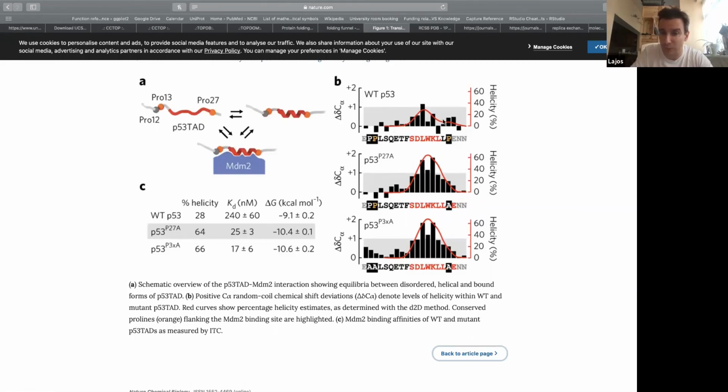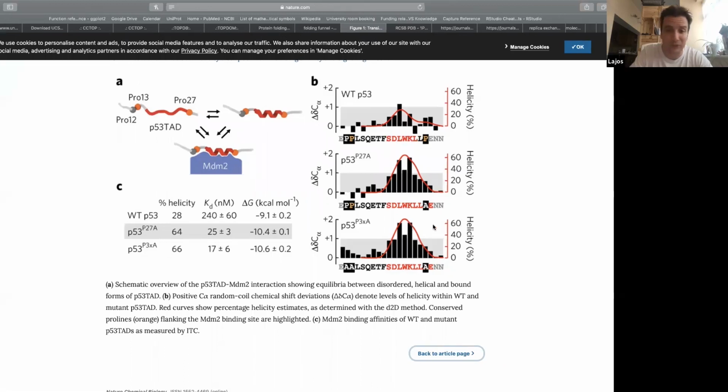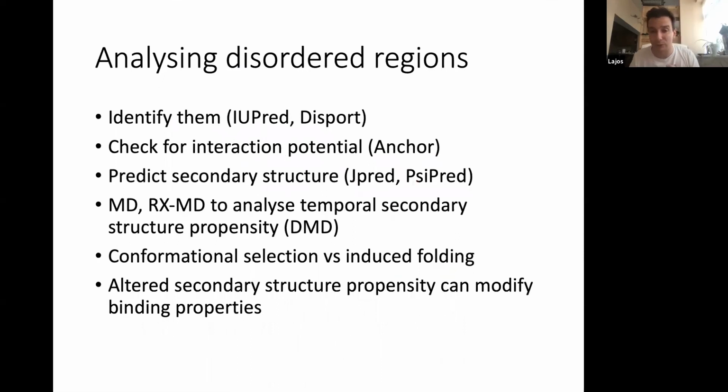If you look at this sequence, it is very hydrophilic. These are all hydrophilic residues here, but you have a few hydrophobic ones, and they are big ones. It's a phenylalanine and a tryptophan here, and they usually have some kind of very important function. But again, you have to think about very small things in disordered regions.